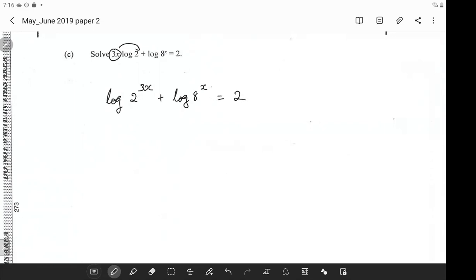This 2 to the 3x is the same as 2 cubed to the power of x, where we could just multiply the powers.